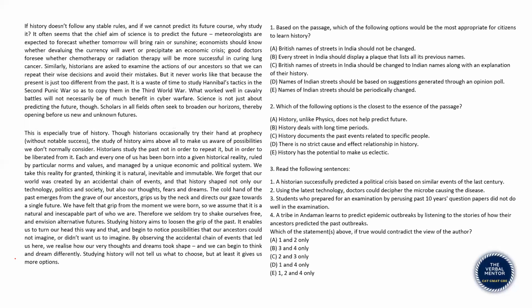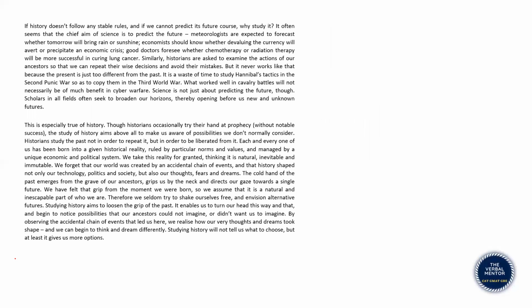Anyway, let's start with the first passage. Preliminary reading of the passage. If history does not follow any stable rules, and if we cannot predict its future course, why study it?